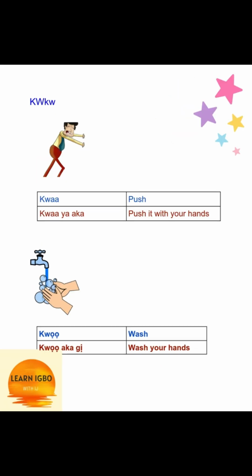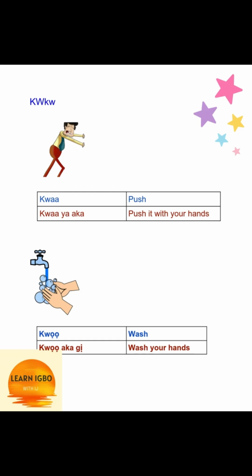Our next letter is Kwe. Just like the last letter, this one is KW. In Igbo language, this is Kwe.